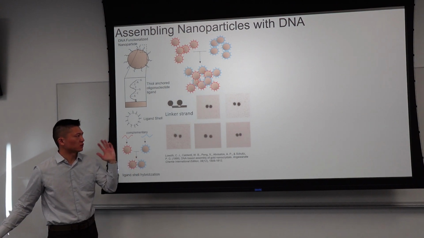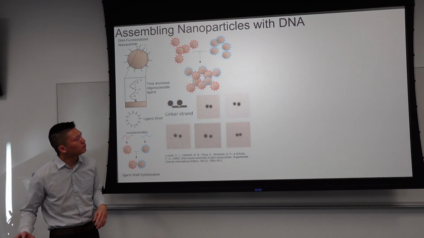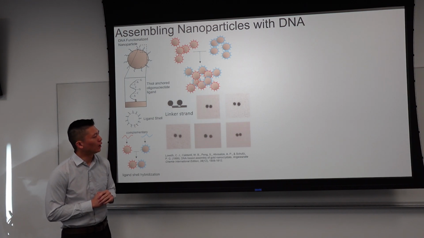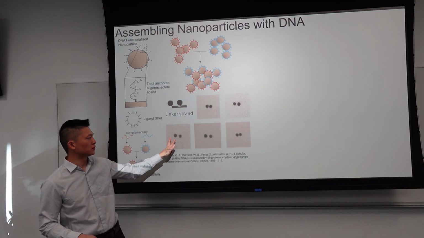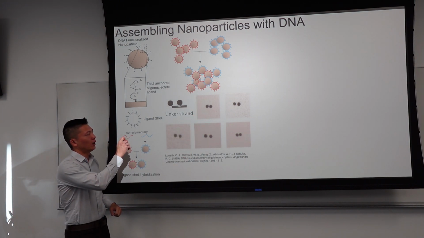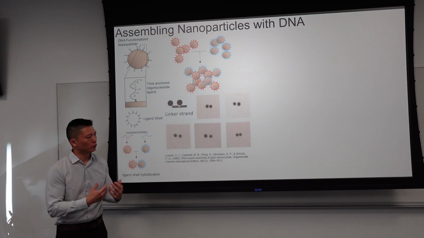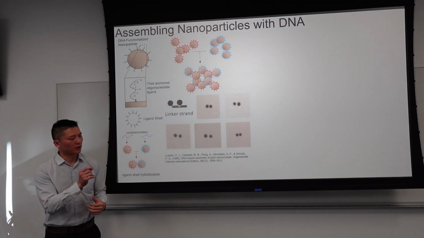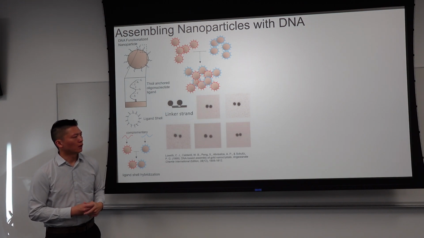Of course, if this still is too simple, I guess you could create a dimer. And as you can see here, the gap distances are variable. So likely this assembly wouldn't really produce the ideal coupling properties that we're looking for.